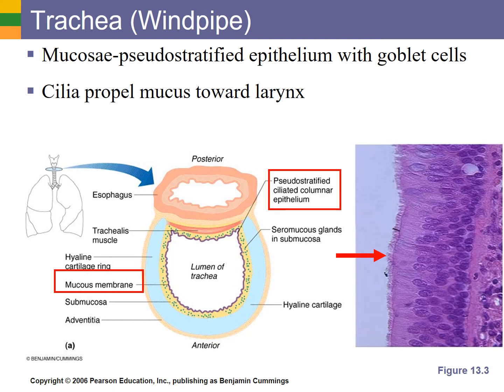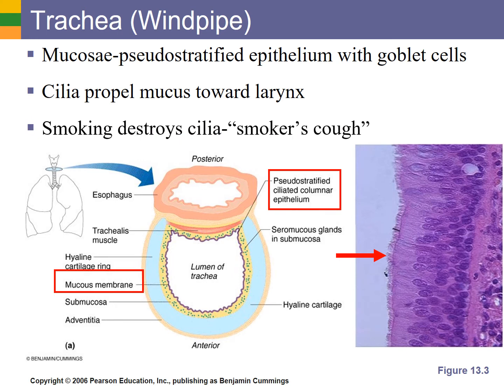In people who smoke, often I believe it's the nicotine from the smoke, destroys those pseudostratified columnar epithelial cells. They're replaced by stratified squamous epithelial cells, which do not have the cilia, and that will tend to cause the accumulation of mucus in the lungs, because the ciliated cells that would mobilize that mucus and move it out of the lungs, up the trachea, and out of the respiratory tract are absent.